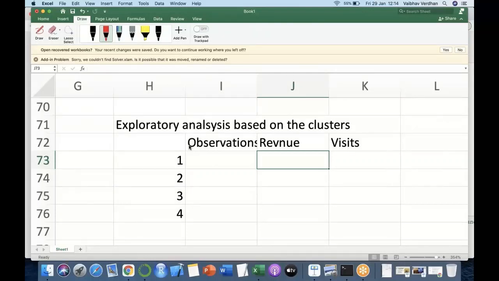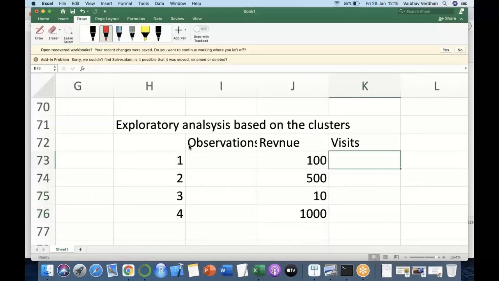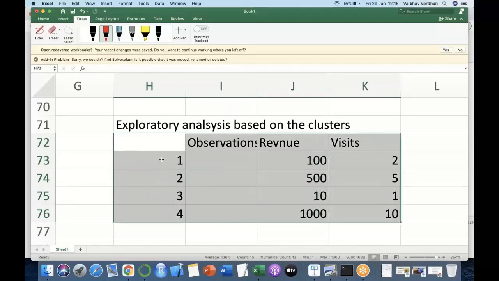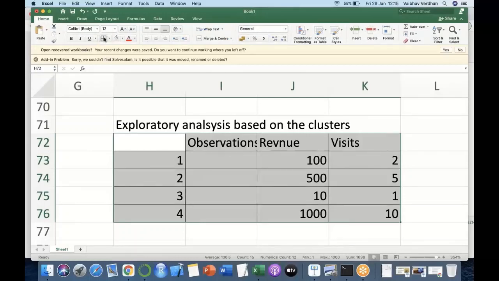Like over here, the average revenue can be 100, it can be, let's say, 500 over here, it can be 10 over here, it can be 1000 over here. Okay. Number of visits can be, let's say, 2, can be, let's say, 5, 1, or let's say 10 over here, right? So we can see that these 4 clusters are quite different from each other, and that is the objective of my clustering. I want to create the clusters which are very different from each other.